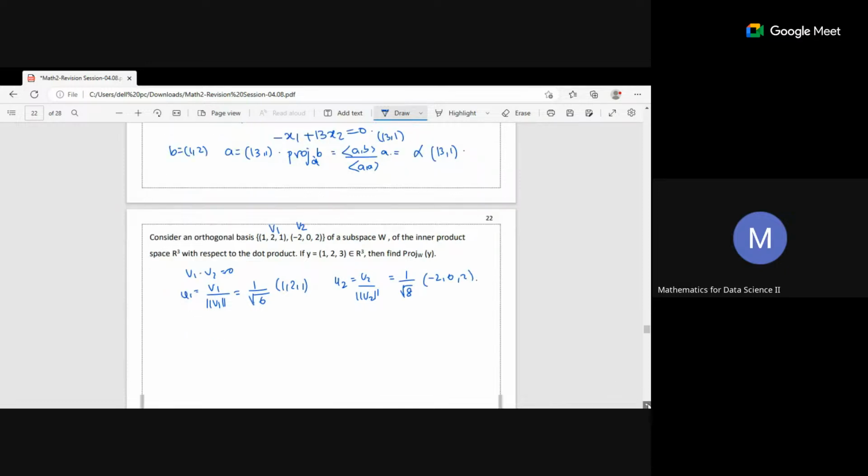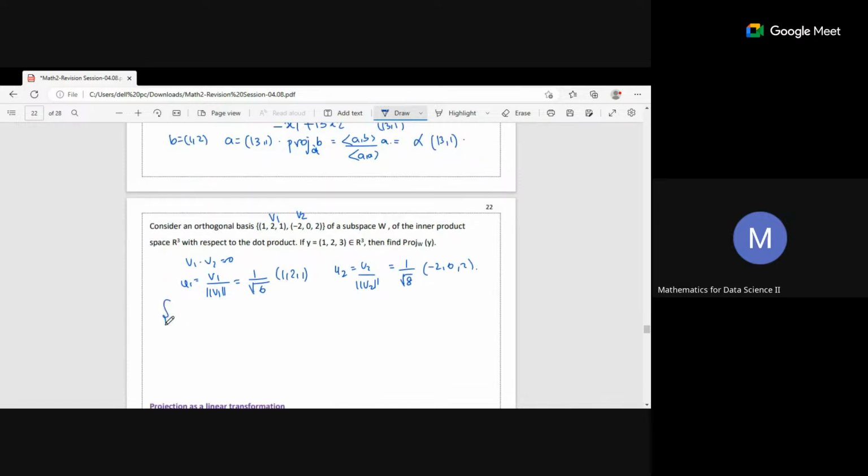Now this is the orthonormal basis you have: U1, U2. Now how to find the projection of your Y onto W? What is the formula? Summation, or straight away let us write.